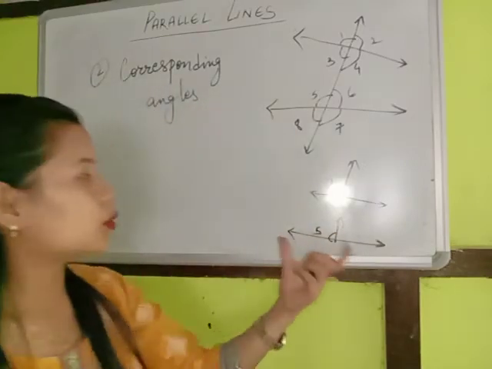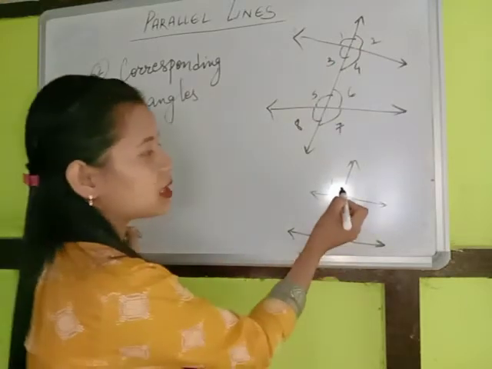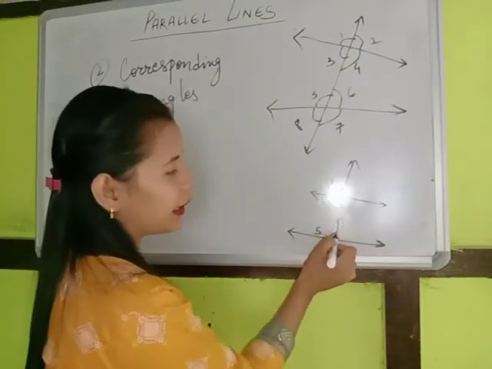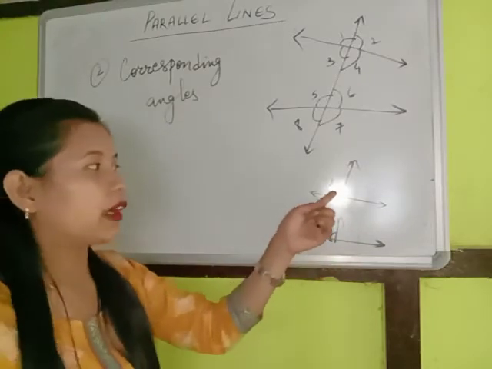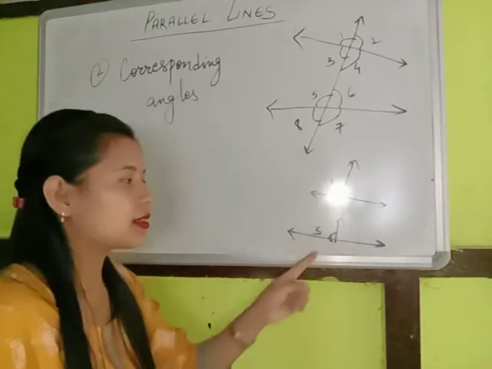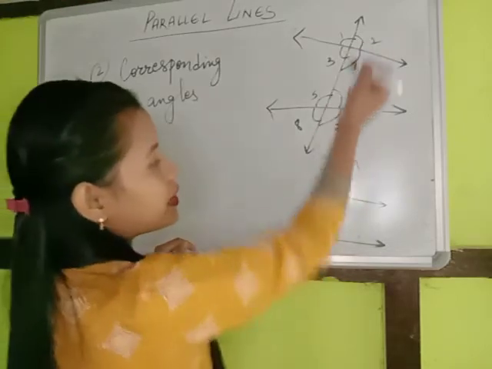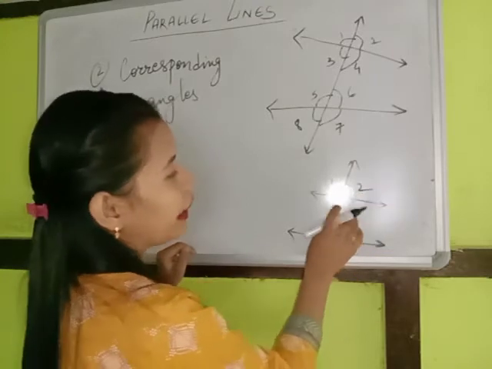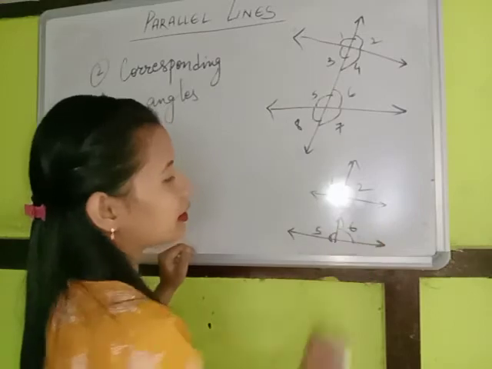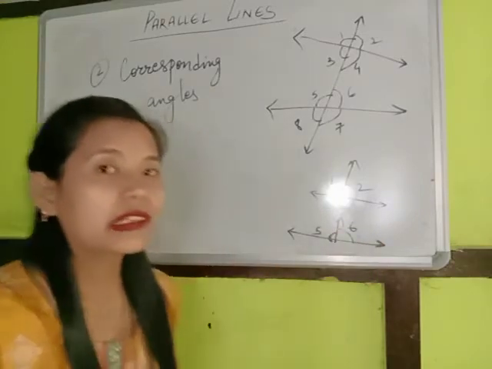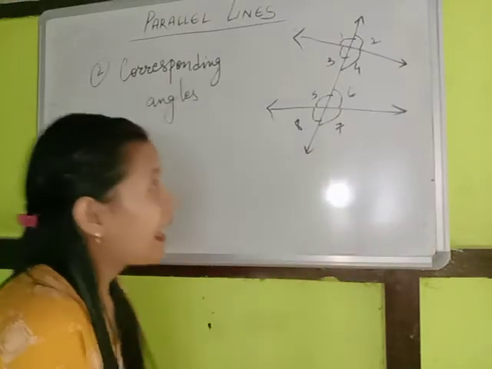If you look at this diagram, you see this angle and this angle: angle 1 and angle 5 correspond to each other in position. Whichever position angle 1 takes, the same position is taken by angle 5. In the same way, whichever position angle 2 takes here, the same position is taken by angle 6. All the angles which take the same position are named corresponding angles.